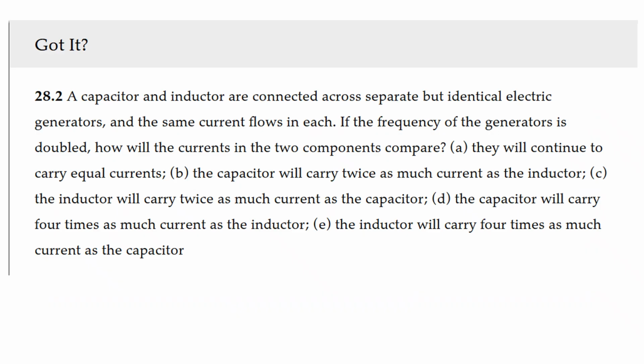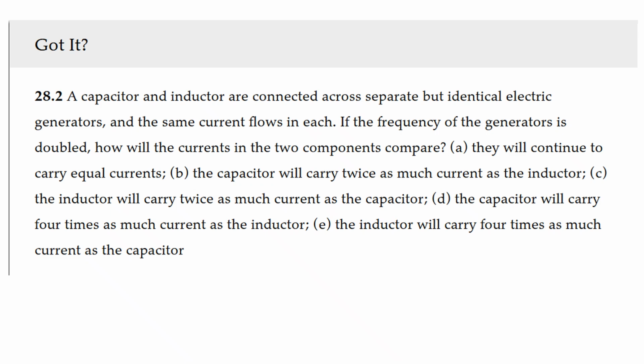So here is a Got It question. A capacitor and inductor are connected across separate but identical electric generators, and the same current flows in each. If the frequency of the generators is doubled, how will the currents in the two components compare?